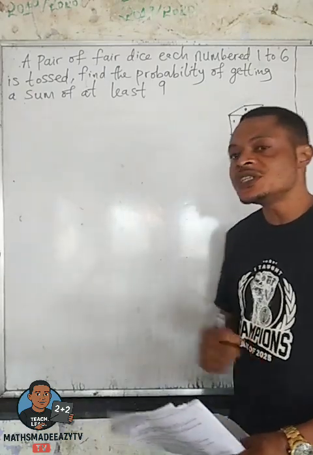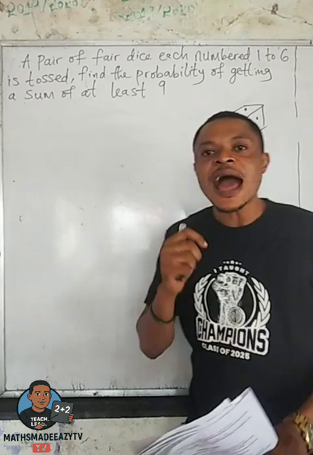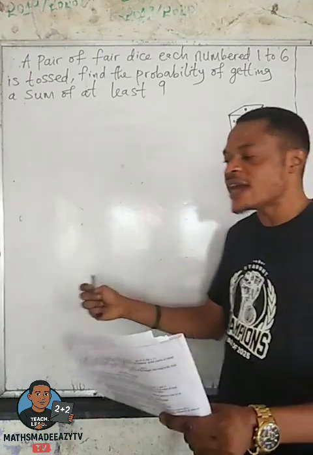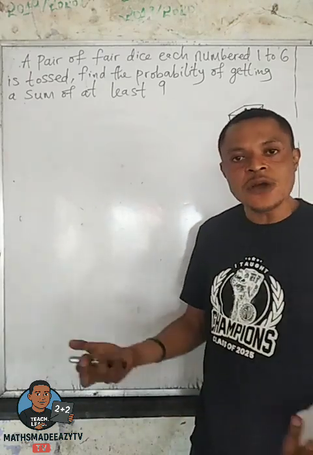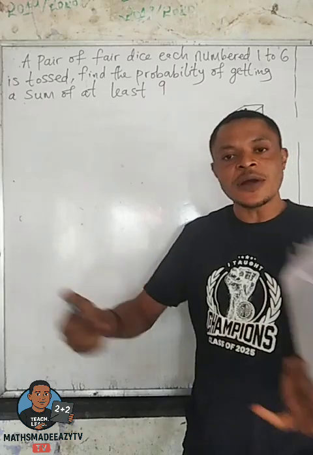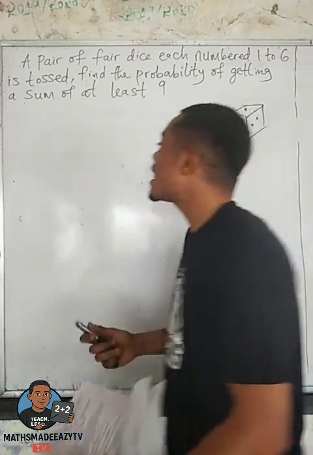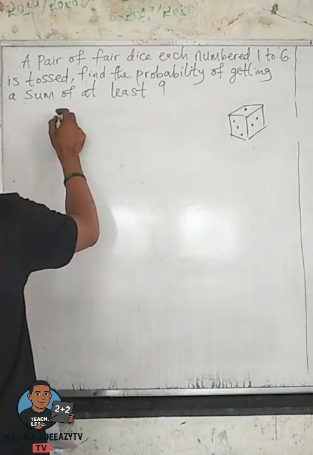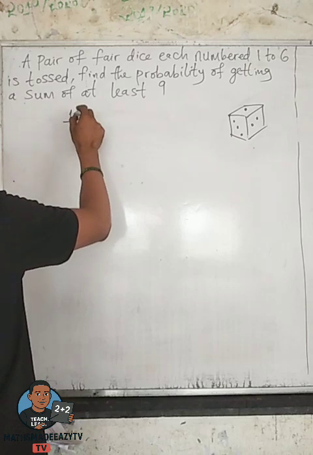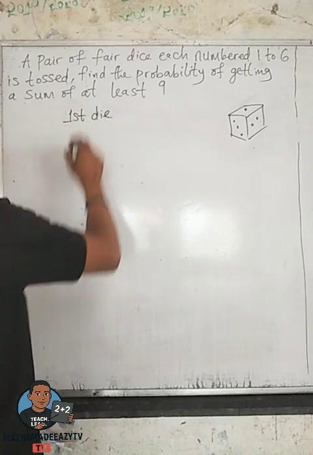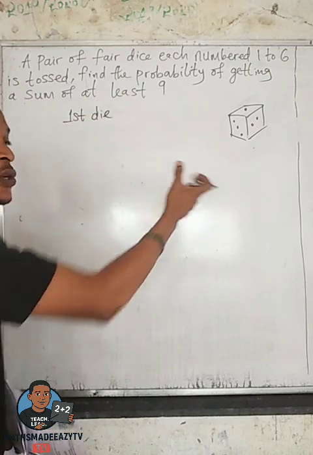So before we proceed into solving this, there is something called an outcome table. For the two dice, what is going to be the outcome for the permutation and combination of the two dice? So let's have it here. We have the first die. And what are the things we are expecting to be on the first die?